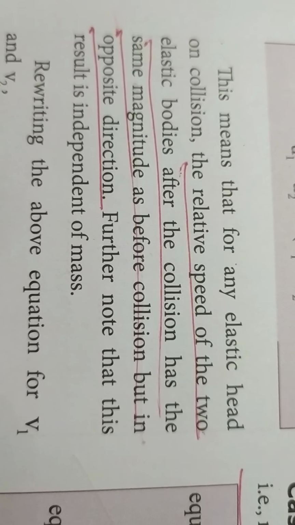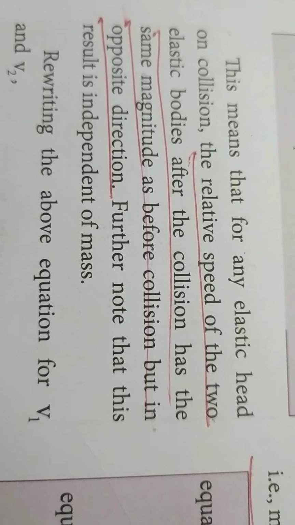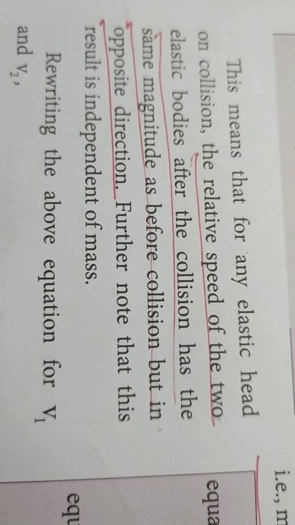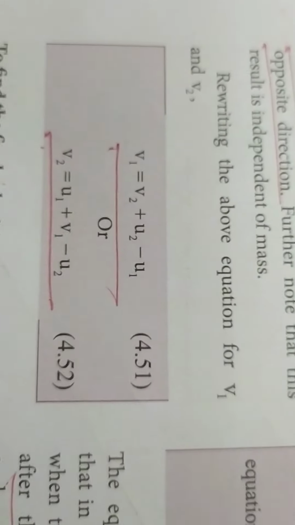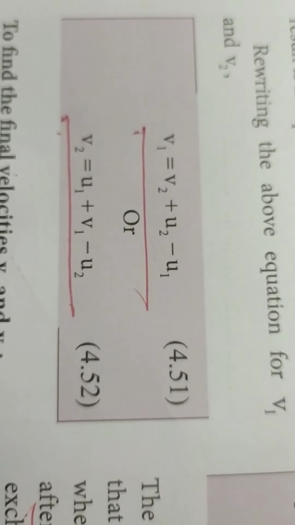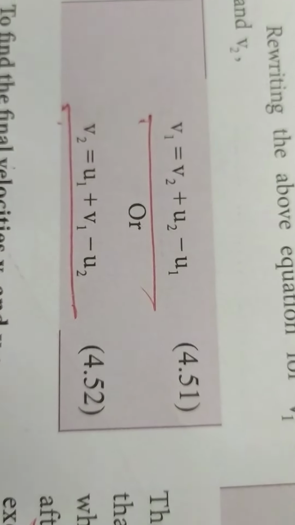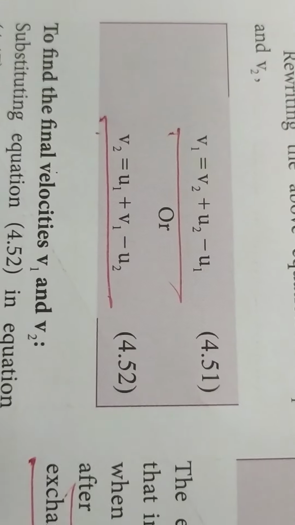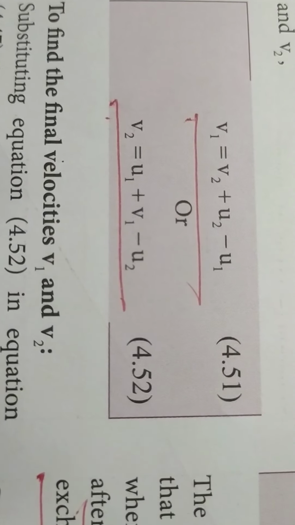The relative speed of the two elastic bodies after the collision has the same magnitude as before collision, but in the opposite direction. When you rearrange this equation, you can get v1 and v2. v1 is the final velocity of mass m1 and v2 is the final velocity of mass m2. So you rearrange this equation so that you will get two equations, for v1 and v2.